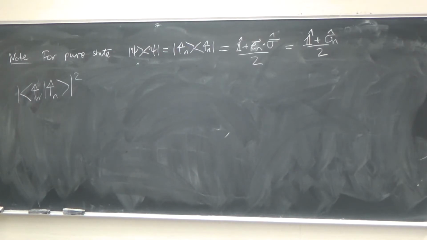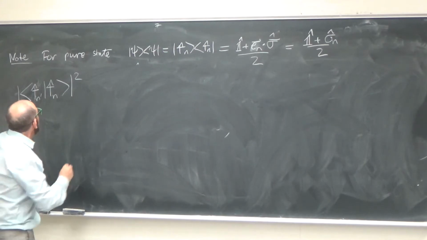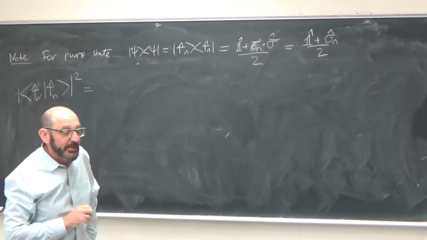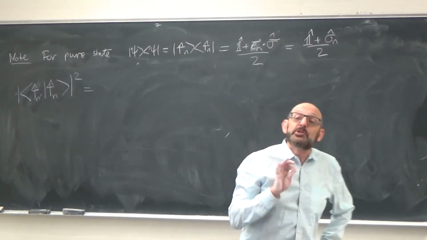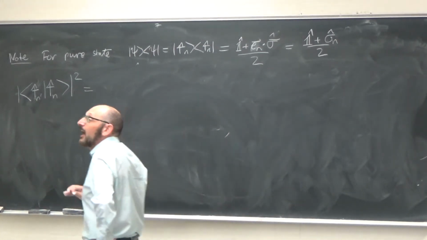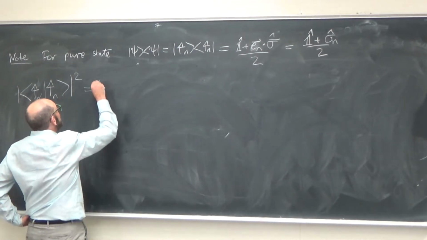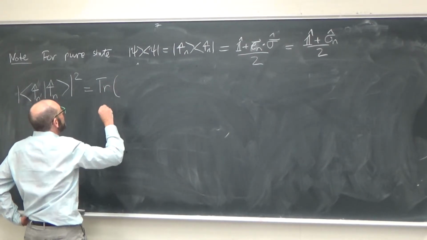But here's one cute trick. I'm going to play the trick of using the relationship between the trace of matrices and the inner product. Okay? So let me write this as the trace.